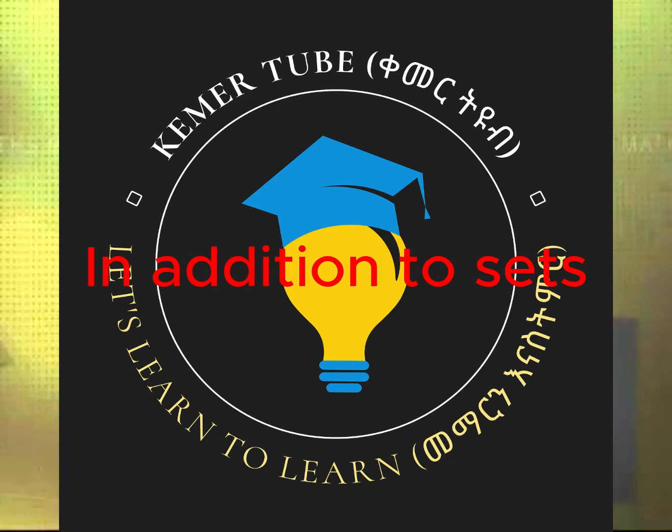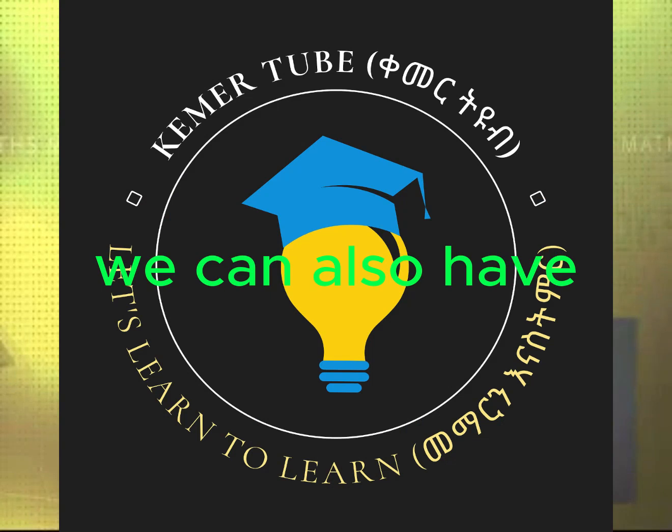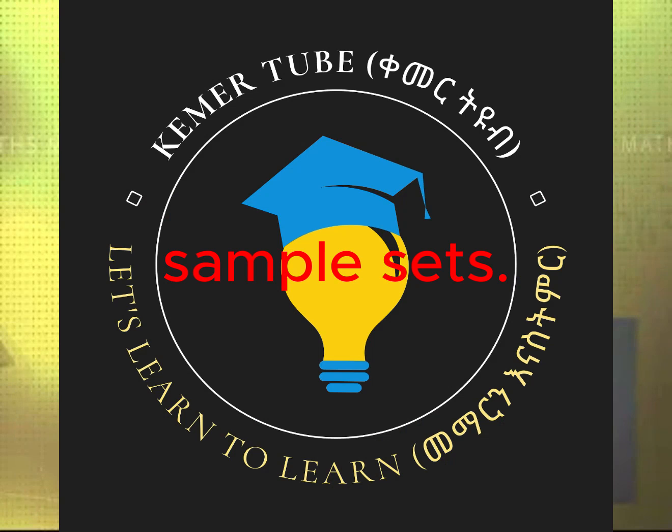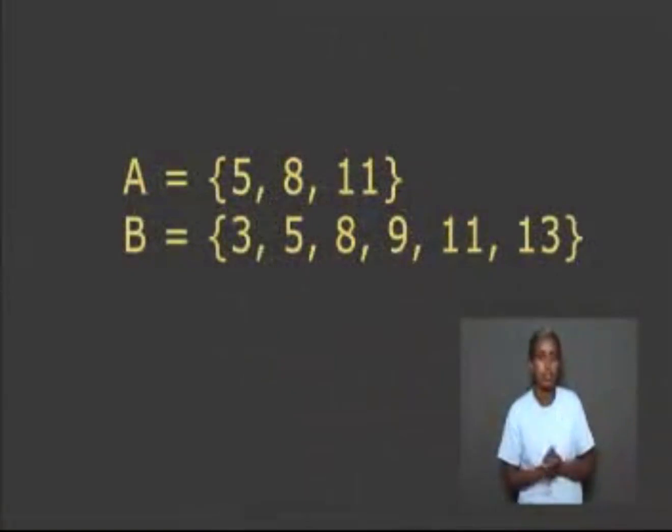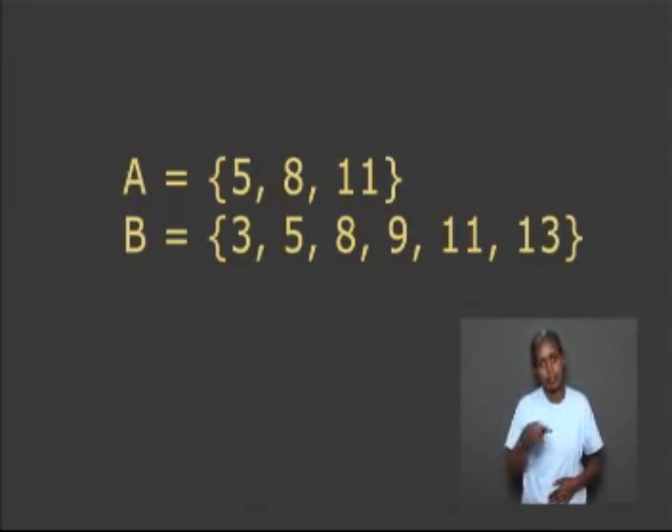In addition to sets, we can also have subsets. Let us look at two sets, A and B. The set A is the set of elements 5, 8, and 11. The set B is the set of elements 3, 5, 8, 9, 11, and 13.